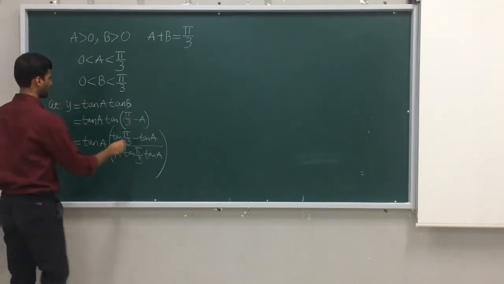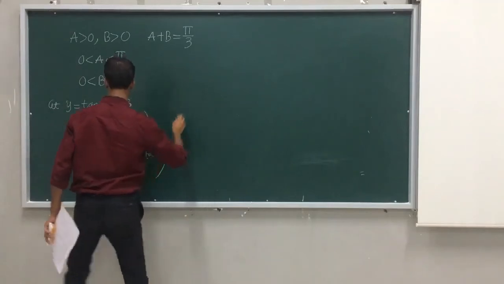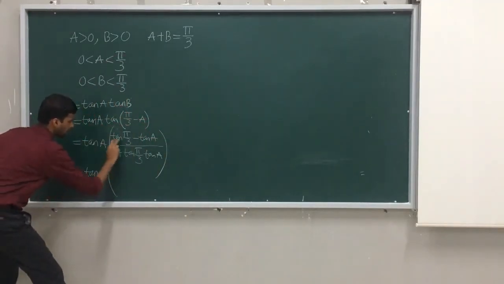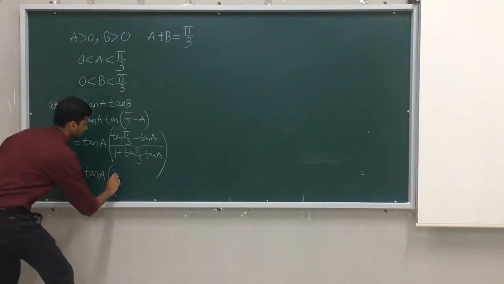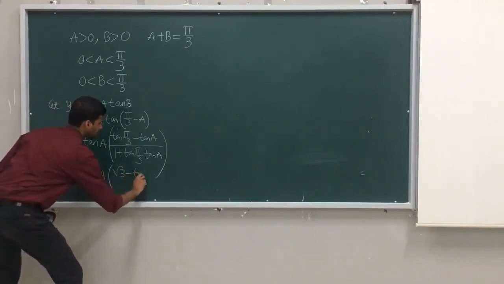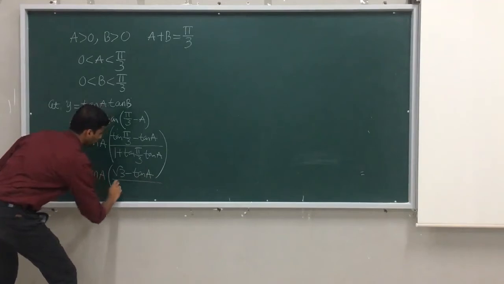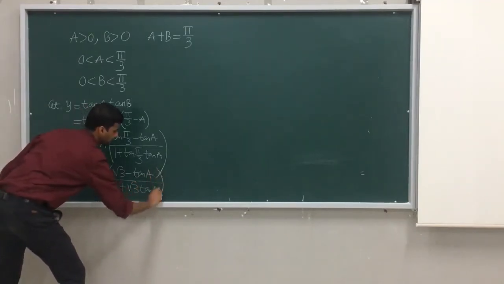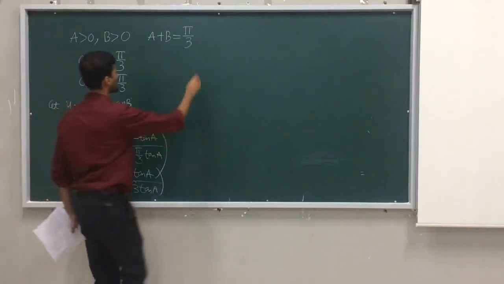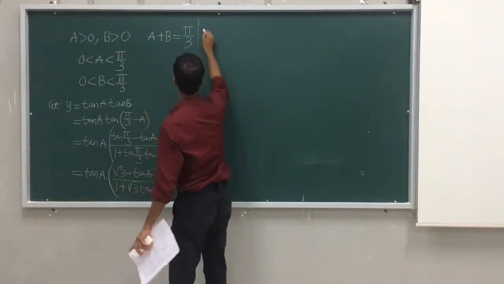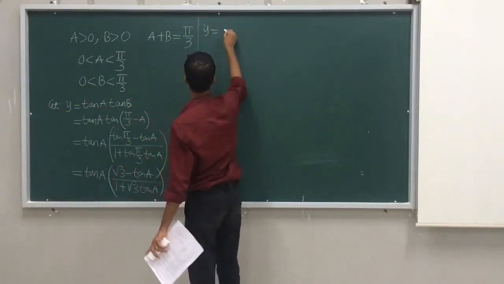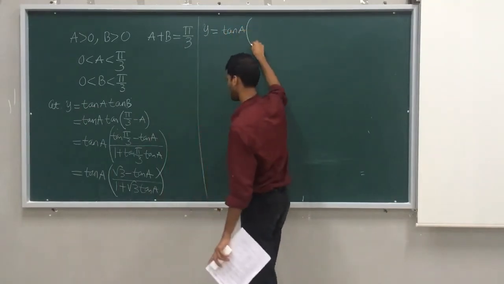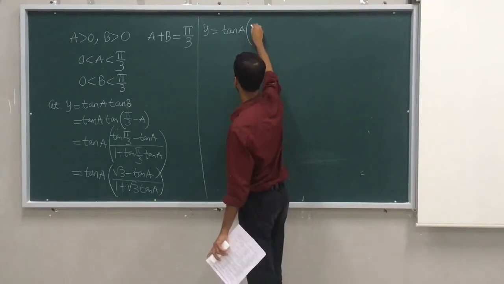Okay, so then tan pi by 3, we all know the tan pi by 3 answer. So tan A into tan pi by 3, which is sin pi by 3 by cos pi by 3, is root 3, minus tan A upon 1 plus root 3 into tan A. So next step I'll do: y equal to tan A times that.